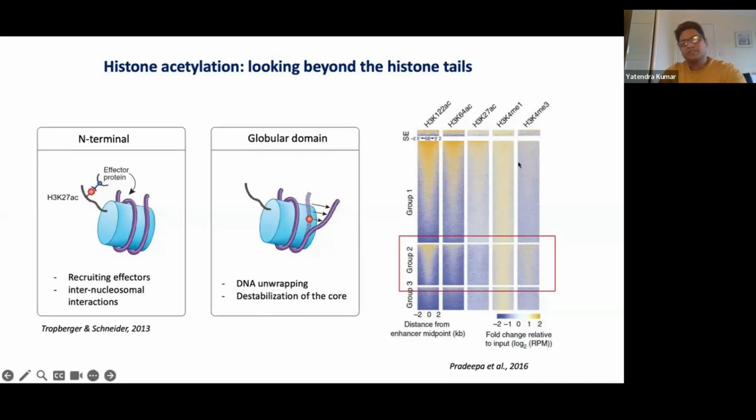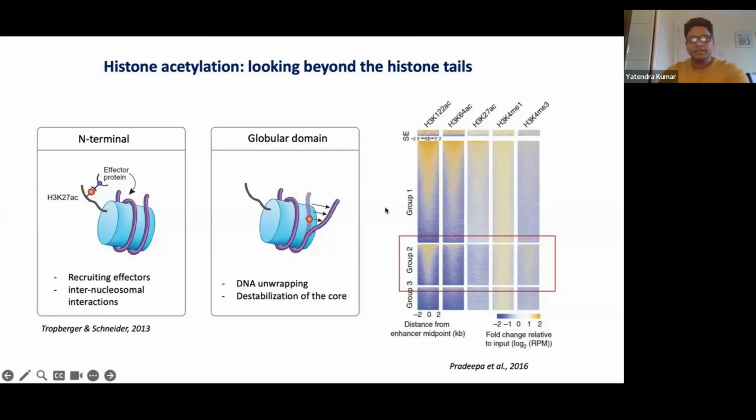In this direction, previously we studied the H3K122 acetylation mark, and we found that this mark can be used as a mark of active enhancers independent of the H3K27 acetyl mark. So there's a set of enhancers which are missed out if you simply rely on the K27 acetyl mark.